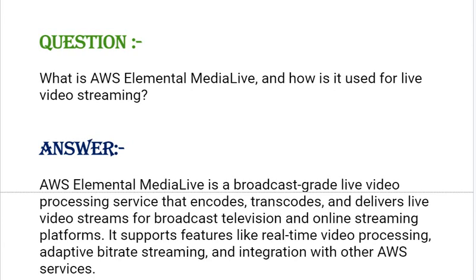It supports features like real-time video processing, adaptive bitrate streaming, and integration with other AWS services.